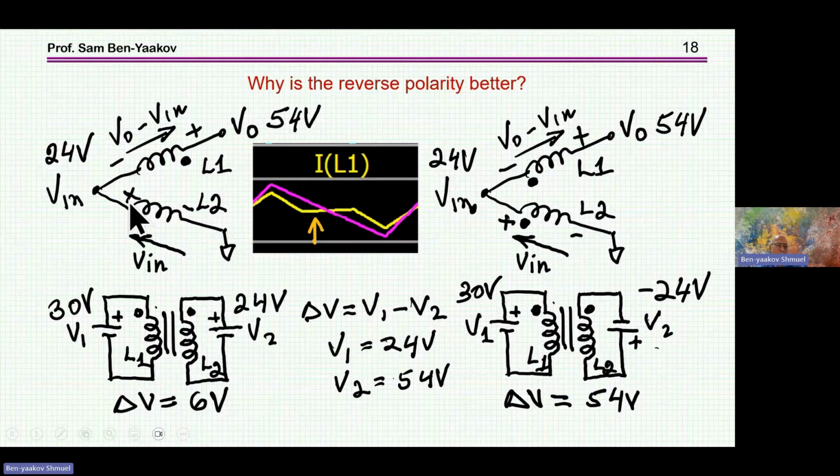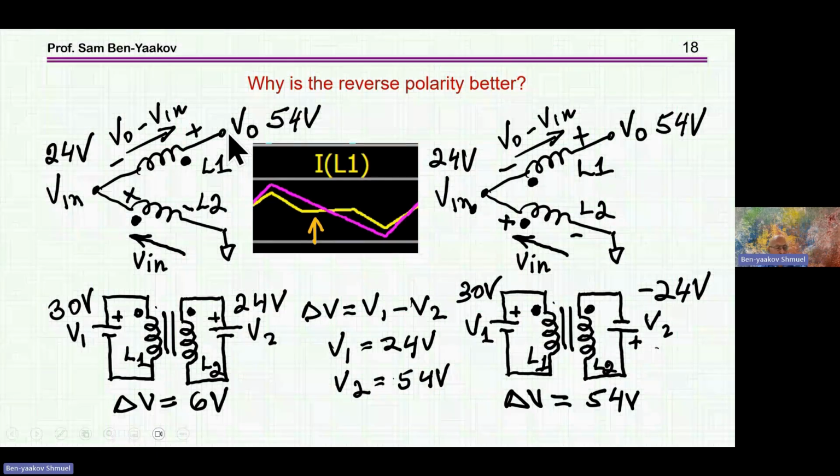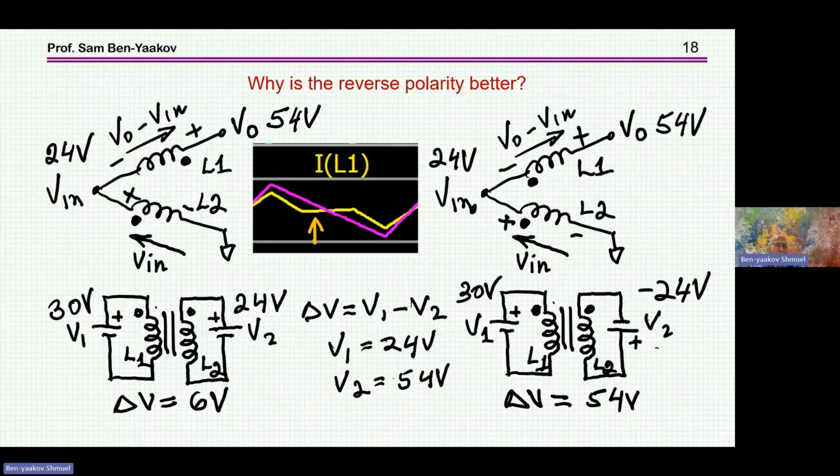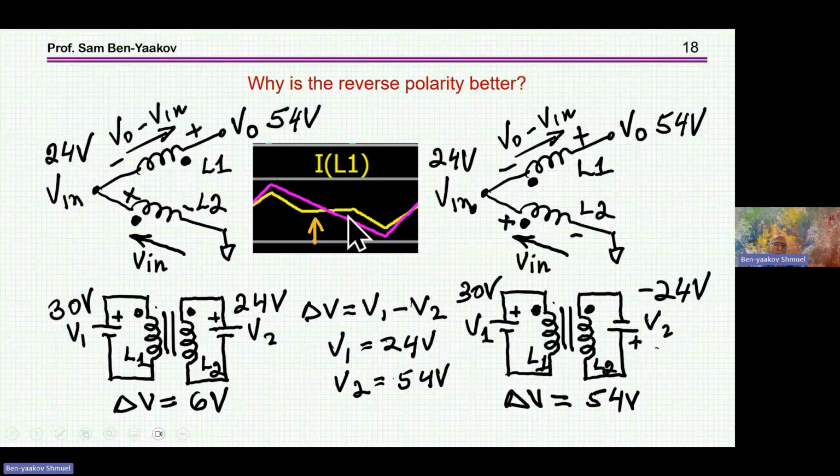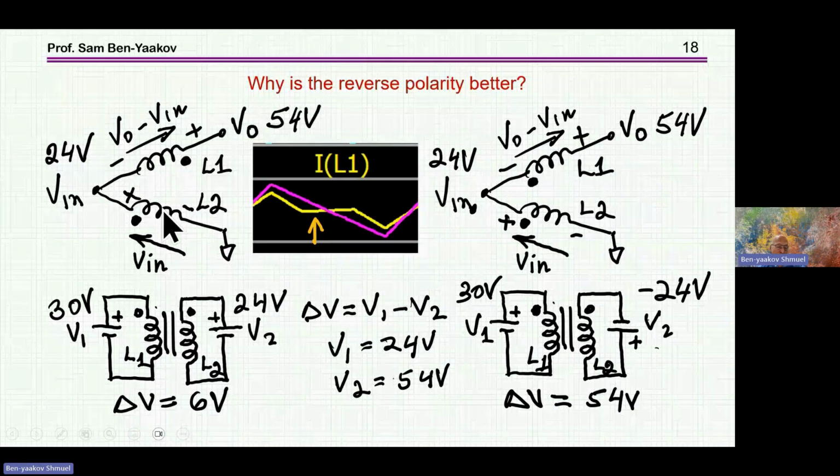For this case, when the two diodes are conducting, this will be duty cycle, say, smaller than 0.5, then you have a larger voltage and this is why you have a larger slope here. So this slope is really obtained by this reverse direction, and this is why we prefer this.